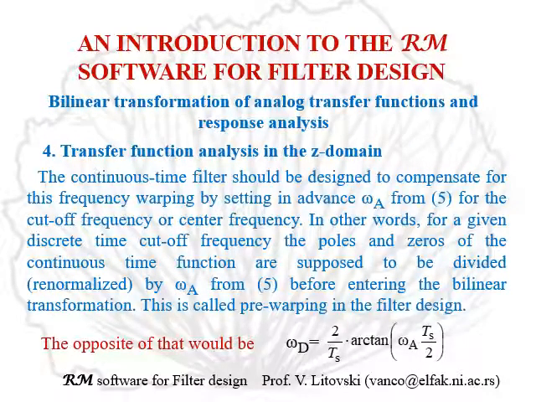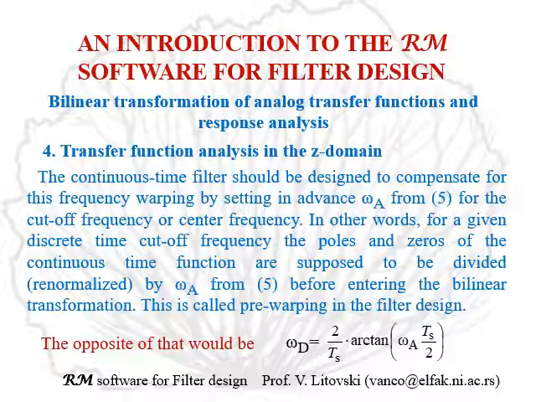What are the repercussions of this effect from the designer's point of view? The continuous time filter should be designed to compensate for this frequency warping by setting in advance omega A from equation 5 for the cutoff or center frequency.